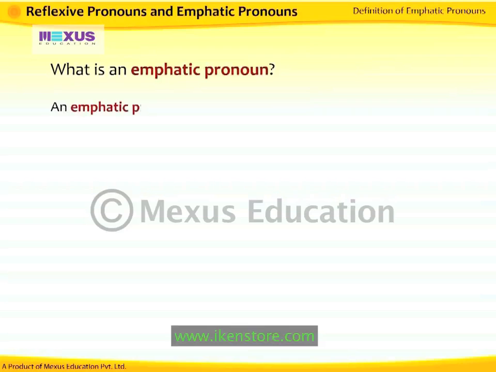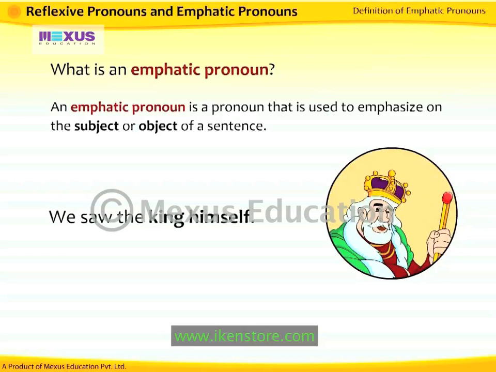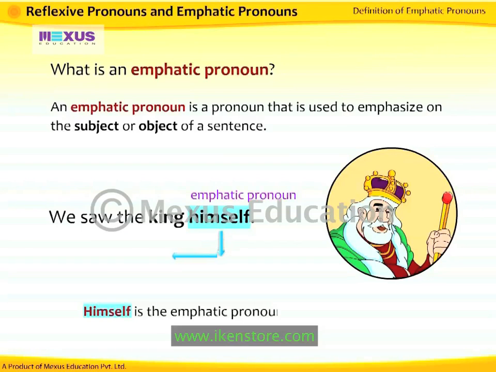An emphatic pronoun is a pronoun that is used for putting emphasis on the subject or object of a sentence. Take a look at this sentence. We saw the king himself. The word himself emphasizes the noun king. Therefore, himself is the emphatic pronoun for the object king.